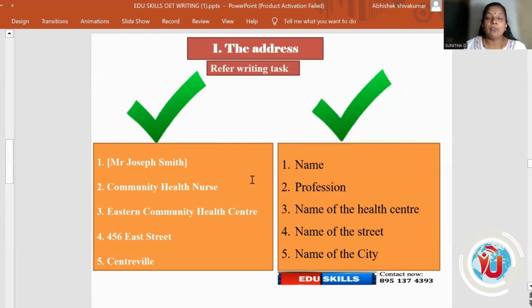In that format, the name will be there and the profession also. In that address, the name of the health center is there, and the name of the street and the city. So everything is included. This is the right and appreciated format of writing an address in the OET writing subtest.